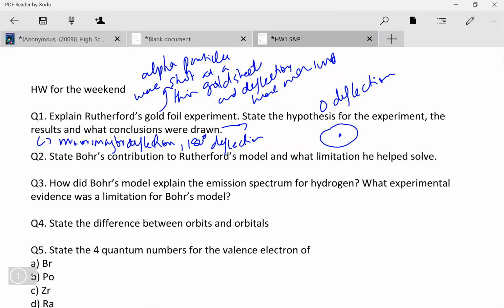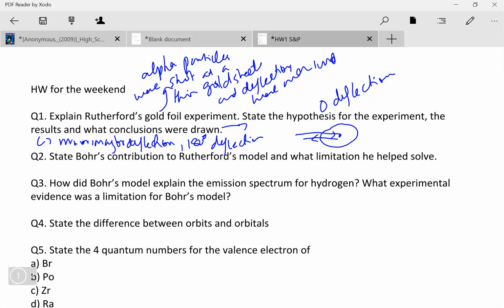It was very small, and this is what the alpha particle, after it hit this, it bounced right back. So that provided the explanations for this experiment.